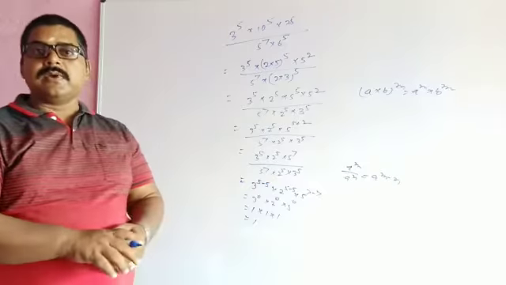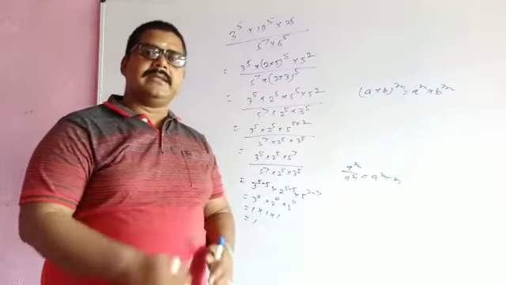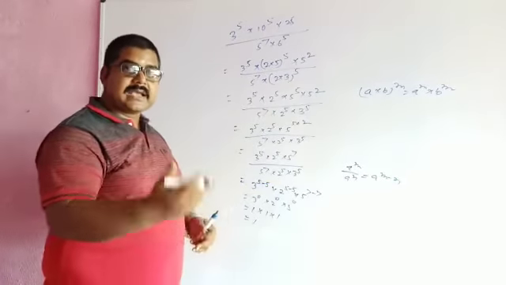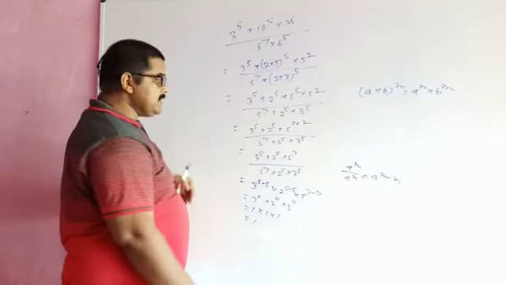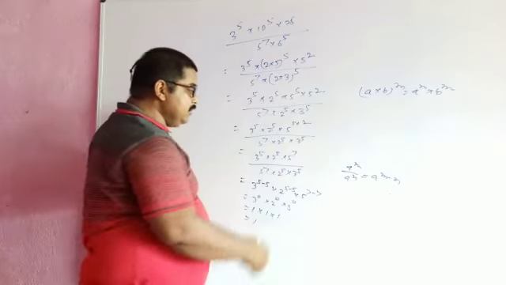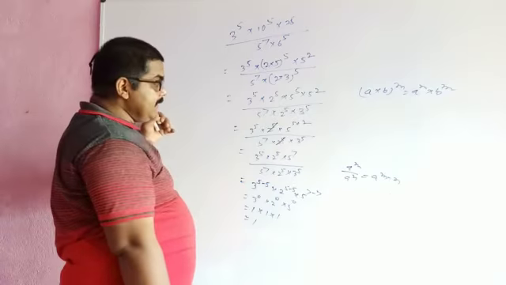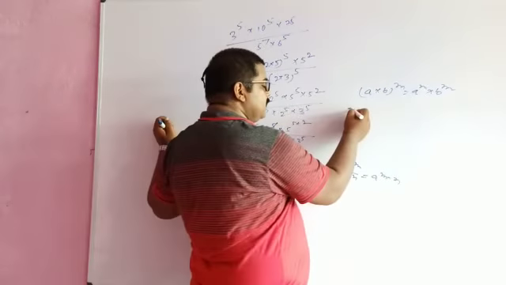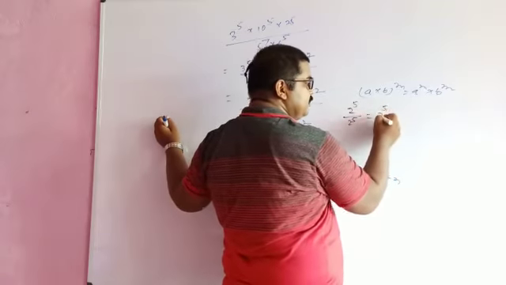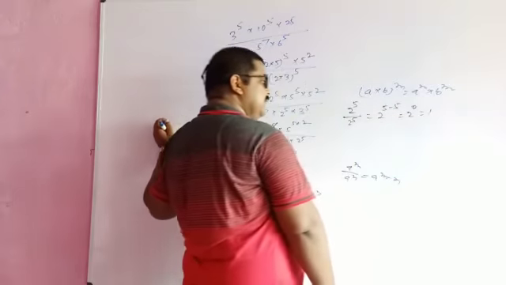And now you can check that some teachers can solve by this way also. The first method has been completed. For the second one, for your convenience, I just discuss 2 to the power 5 and 2 to the power 5. You may cancel at this stage because there are two same terms. 2 to the power 5 upon 2 to the power 5 can be written as 2 to the power 5 minus 5, 2 to the power 0 is equal to 1.